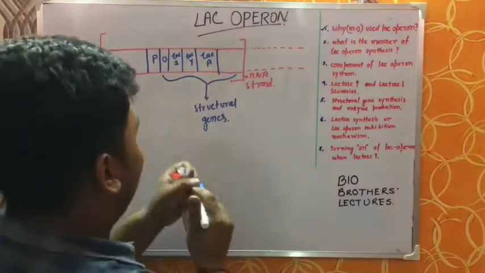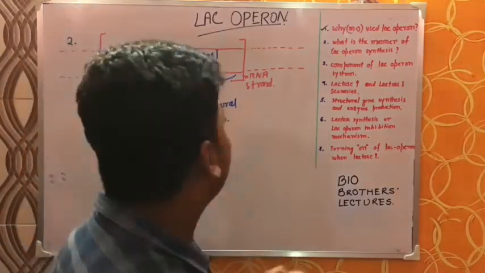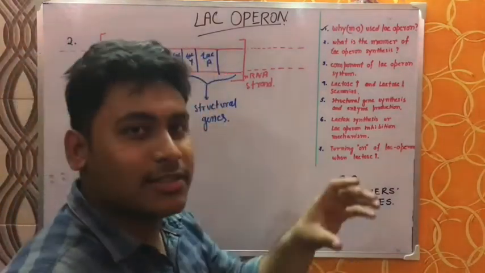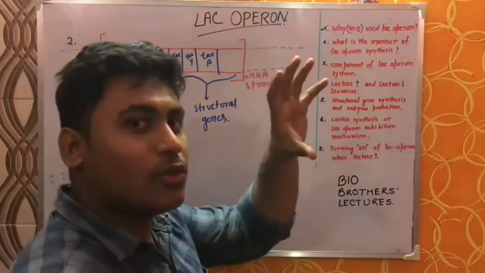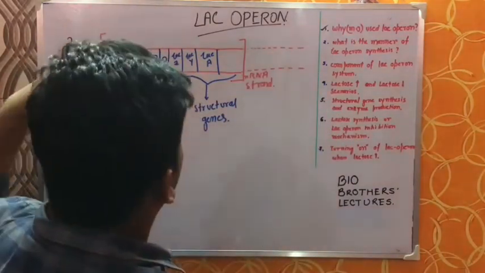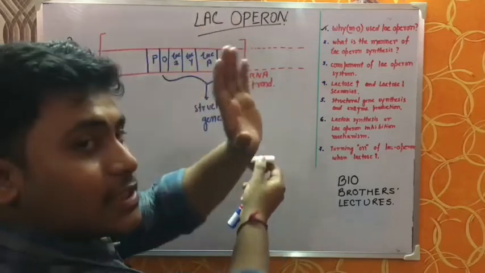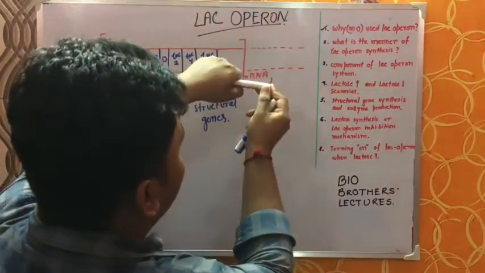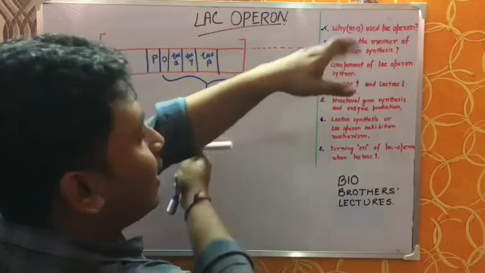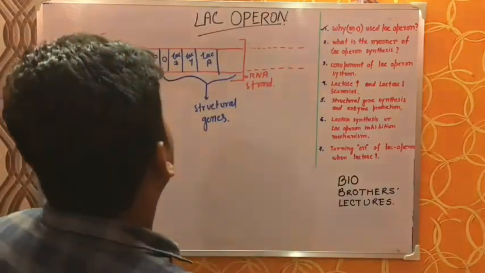So who does it? That is the main question. RNA polymerase. RNA polymerase is the sole thing; this is the mRNA and suppose this is RNA polymerase, and it will move like this so that the operon can be synthesized.